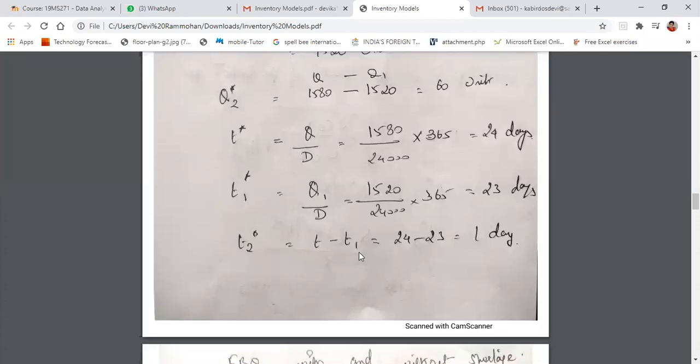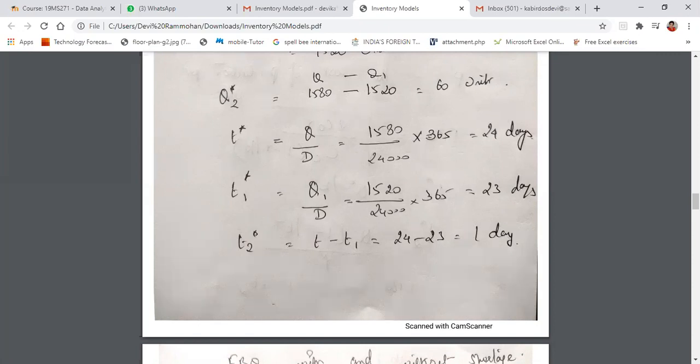So the shortage period is 24 minus 23, which is 1 day. So you have a 1 day shortage of 60 units. Accordingly, you have to place an order and do it.